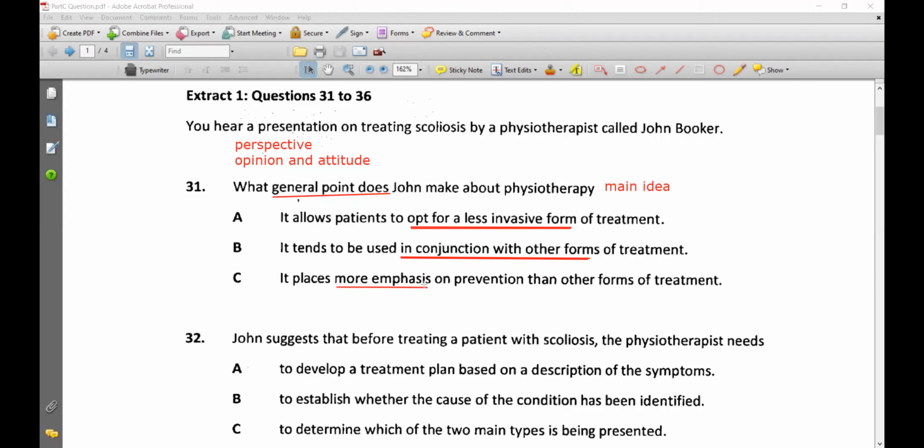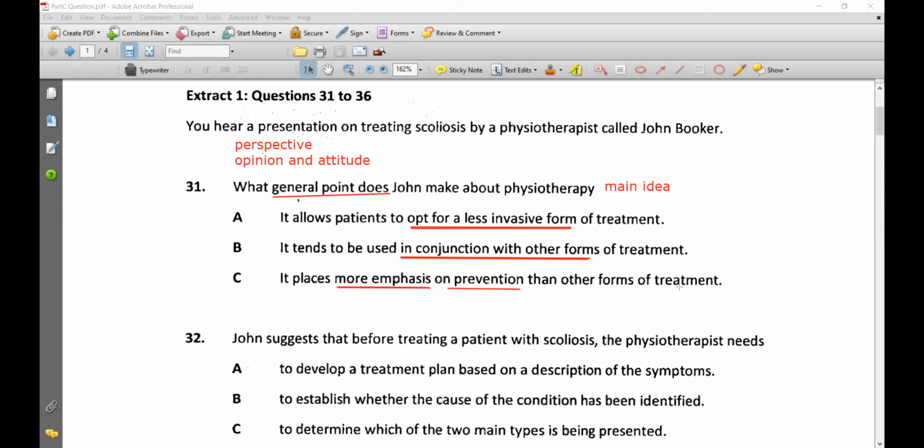There is a comparison. It places more emphasis on prevention than other forms of treatment. So here there is a direct comparison of physiotherapy with other treatments. When you are looking at answer choices, you try and see how those three answer choices are different from each other.